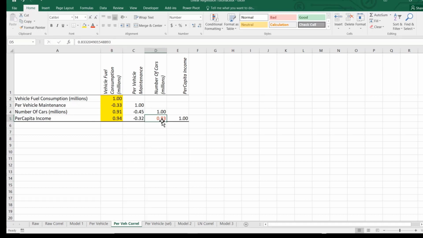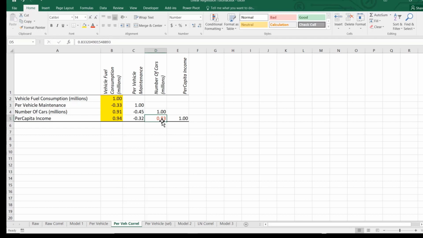But this collinearity of 0.83 between number of cars and per capita income tells me that I should not include both of them. Because if I include both of them, I won't know whether the coefficients for per capita income and the coefficient for number of cars are really due to the information contained in each one of them or is due to the shared information.